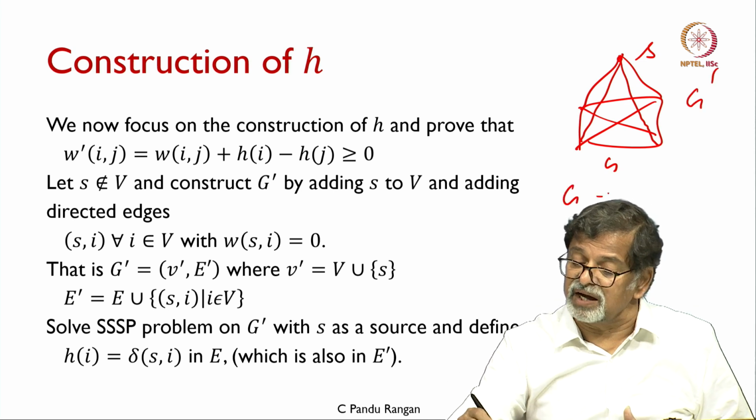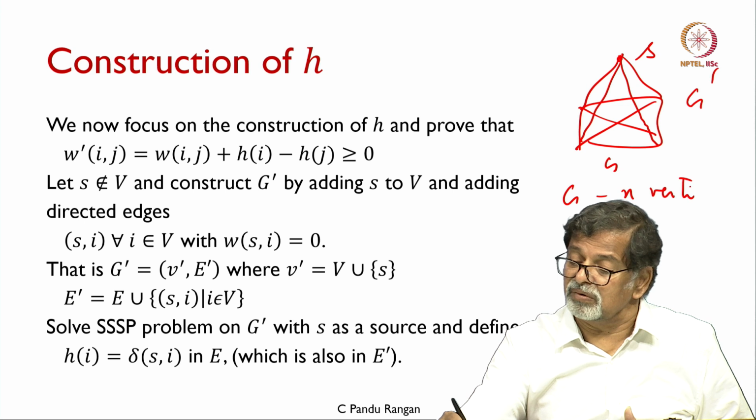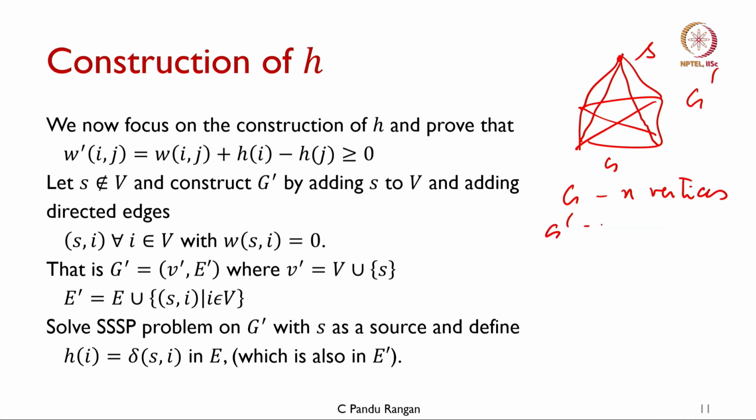So if G has n vertices, G dash has n plus 1 vertices. One more vertex is added, and I am going to add n edges. From S, all vertices of G are connected, and I give a weight 0 to the newly added edges.